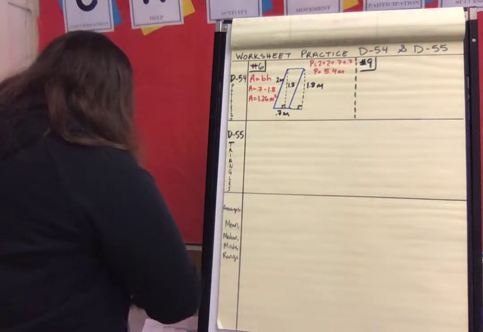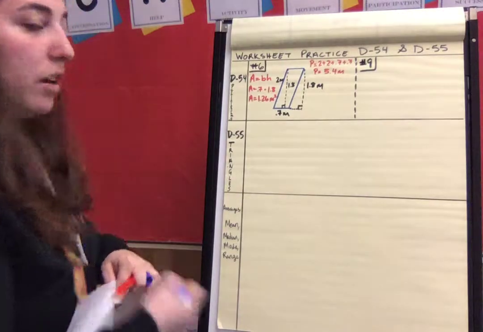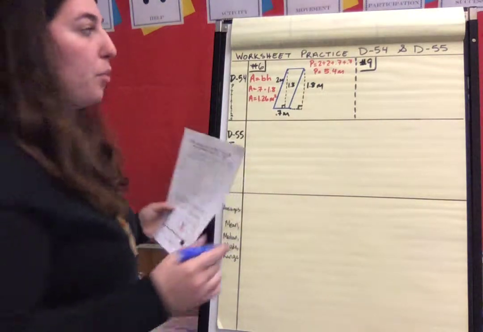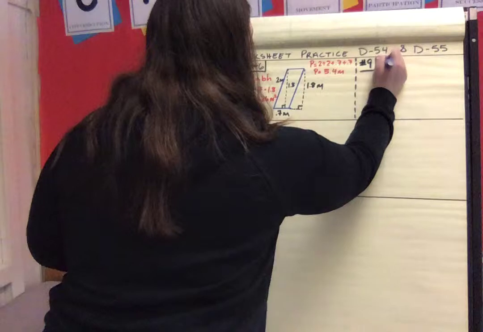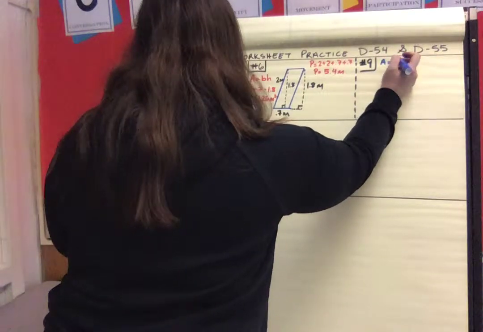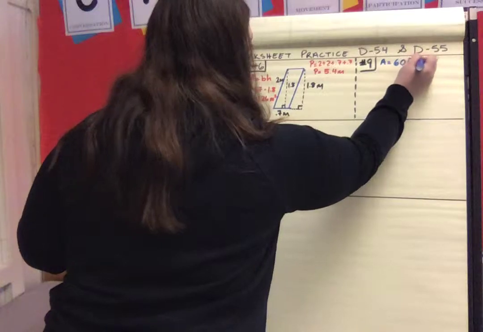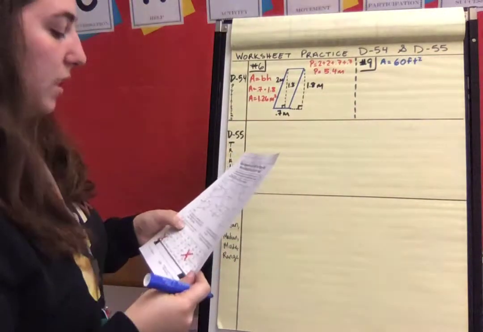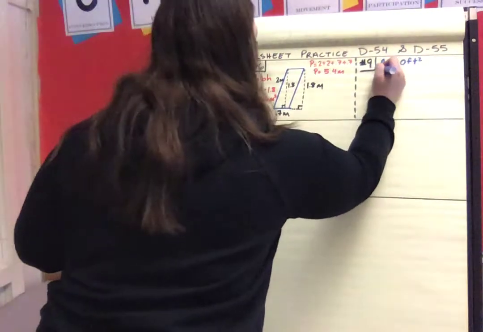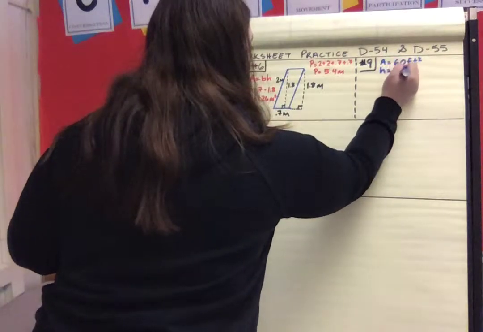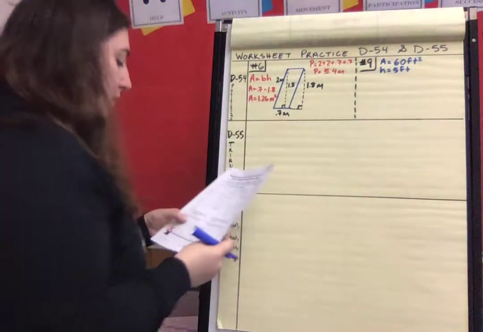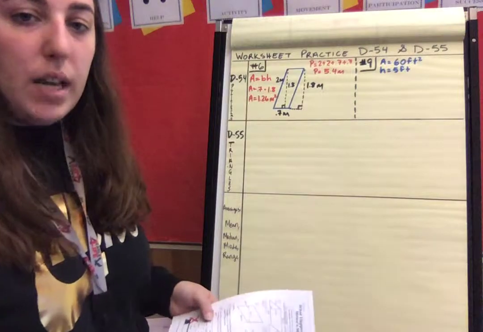I'm going to write that down. Make sure to underline or highlight or write down any important information. Area equals 60 feet squared. The height is 5 feet, so I know the height. And it's asking how long is the base.